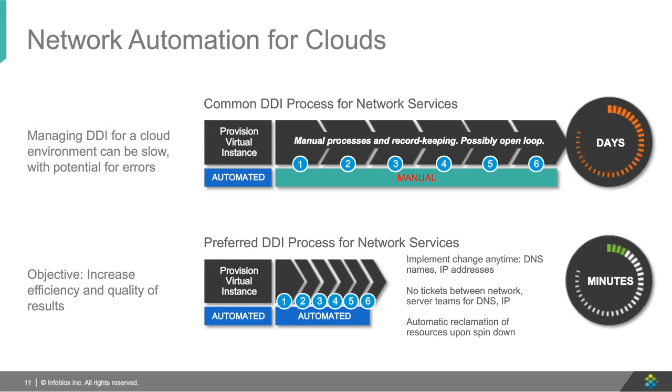So you can implement any change in real time here, as the complete process is automated, and there are no tickets going between network and server teams, and that will save you precious time. So this is the advantage that the Infoblox CNA offering provides to the customers.